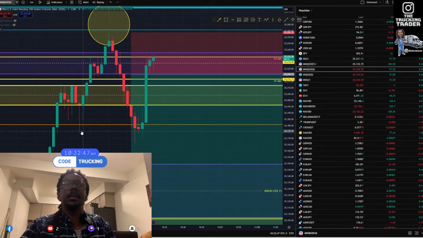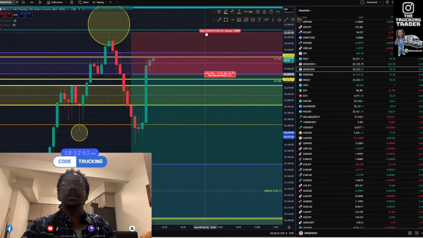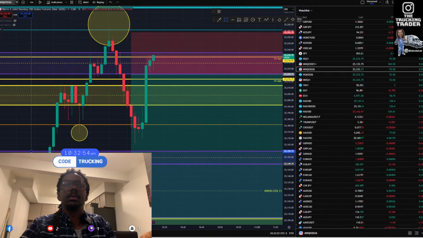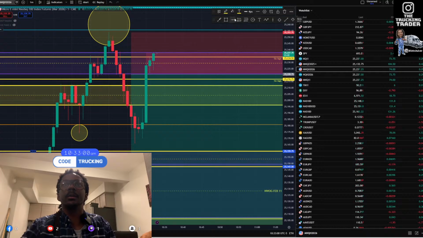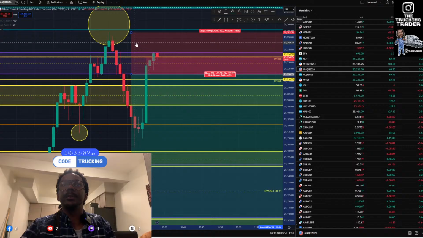Price pretty much came down here on the 1 minute time frame, swept this swing low, and then this little gap right here on the 1 minute time frame was used as the breakaway gap. So we should have been buying right there. All right, I would not be in the sell right here unless I see something happen with this 2 minute fair value gap.